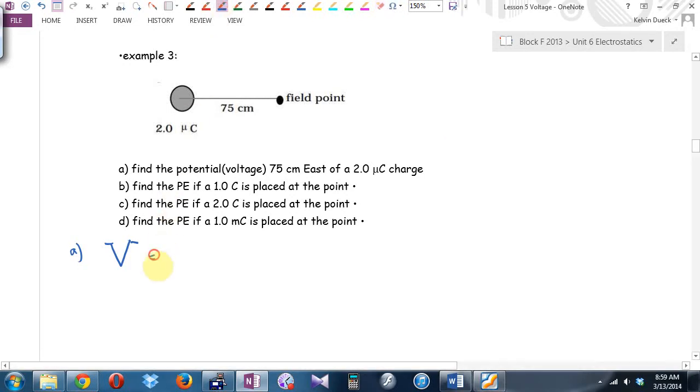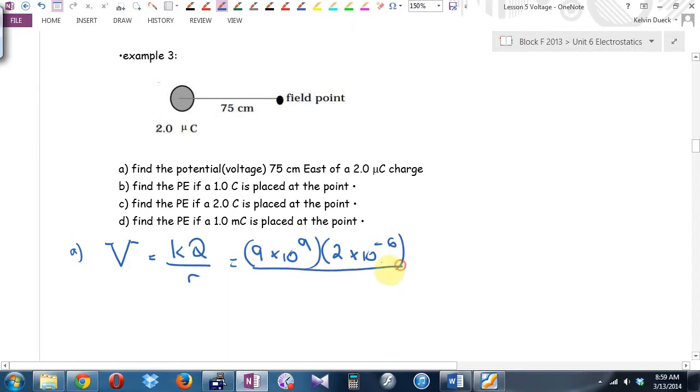Voltage is equal to kQ over r. 9 times 10 to the 9th. The charge that's causing everything is 2 microcoulombs, and our distance is 0.75. I might be able to do this in my head. 9 times 2 is 18.